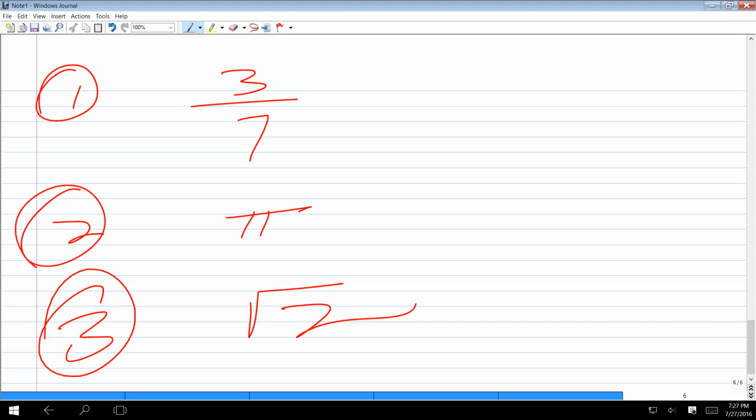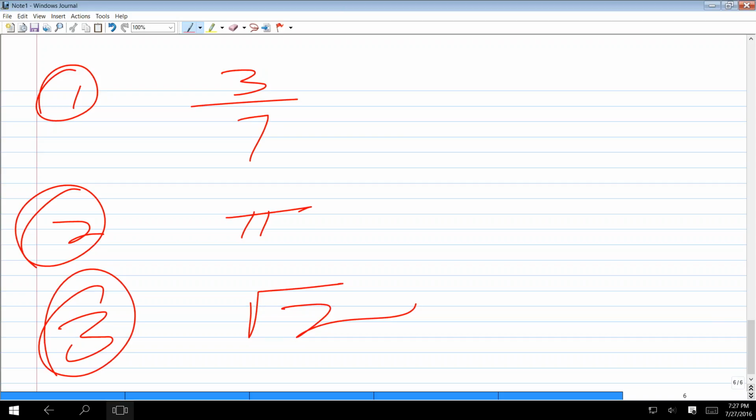Is 1 rational? Yes, because I can write it as a fraction. That's the definition of rational. Can I write it as a fraction? How about number 2?